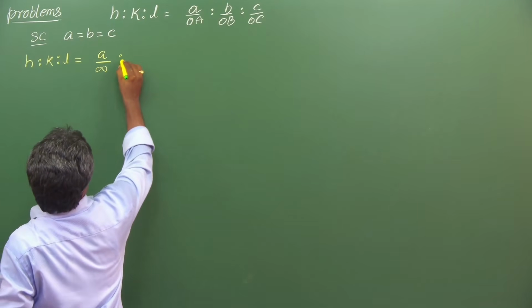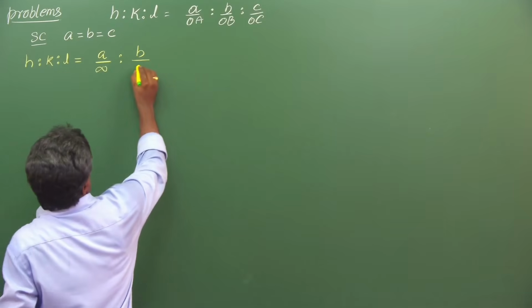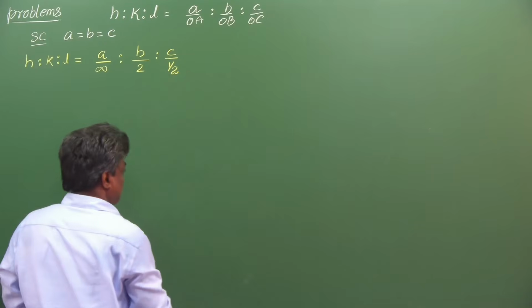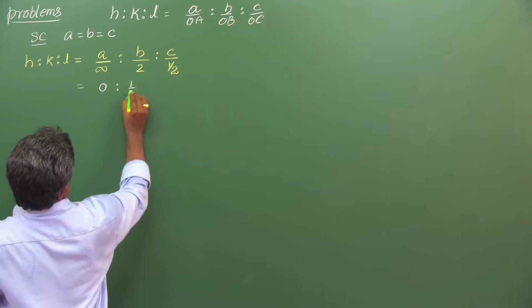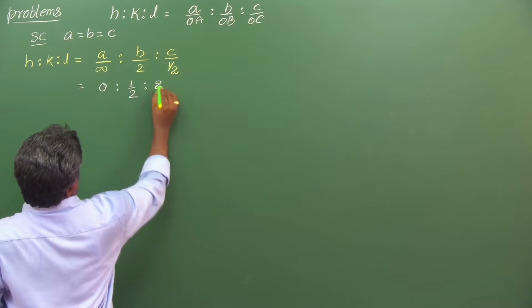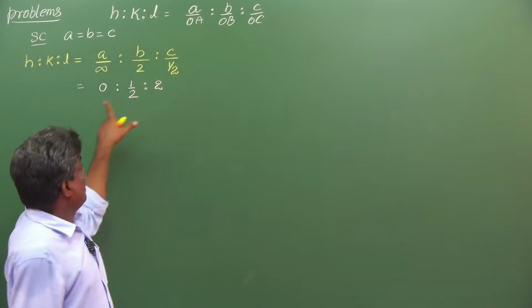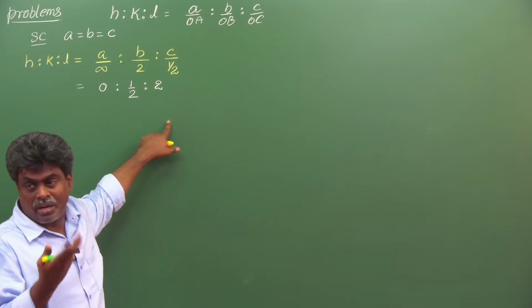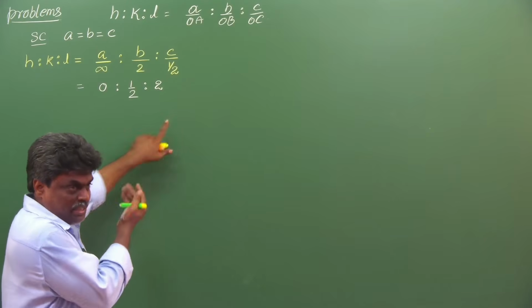Very few people are saying. Next, b by, what is the y-intercept? 2. Next, c by, what is the z-intercept? 1 by 2. Sir, why are you not taking a, b, c? I am taking the ratio. That is the advantage. If you write the ratio, you need not bother about a, b, c. Got it? That's why I am asking you to take the ratio.